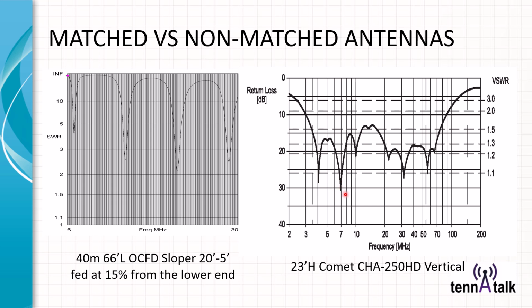Then you've got 7 megahertz, that's 40 meters, close enough. But here between 10 and 20, there's no 20 meters, not 12 or 17. Well, you've got one maybe up here, a small notch. Anyway, my point being that this is characteristic of a non-matched antenna, and you definitely would do well to use a remote antenna tuner in this case, as we'll see in a minute.